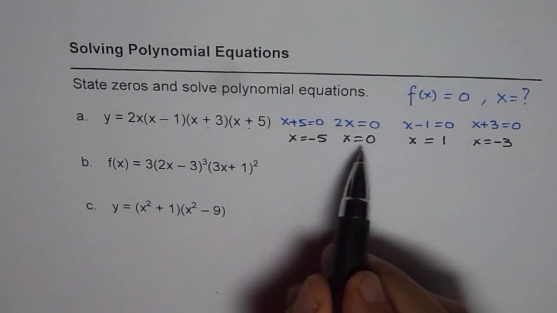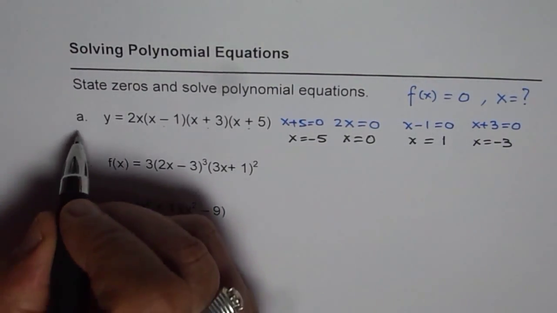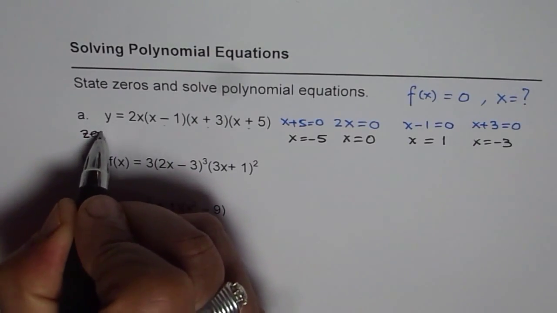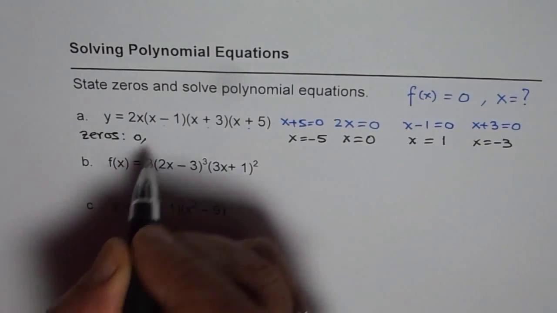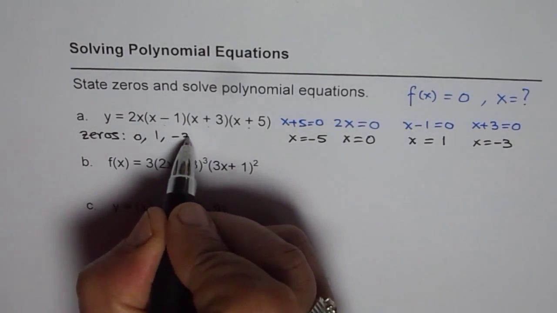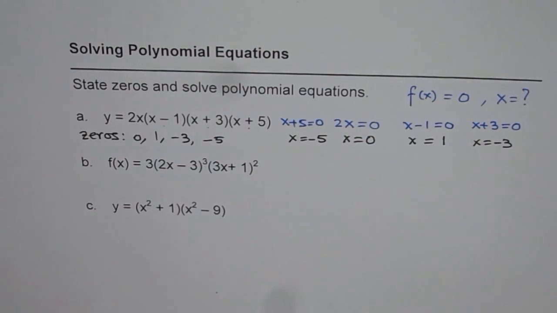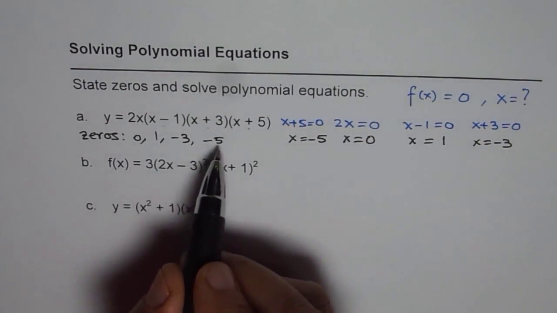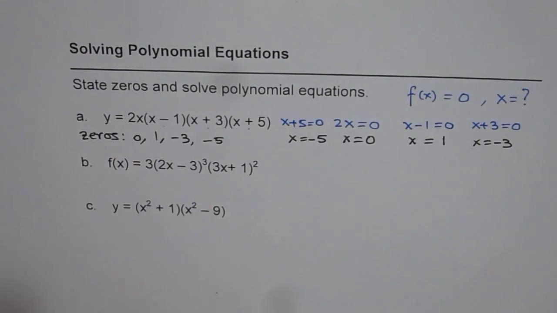So we have 4 zeros here, right? So our zeros are at x equals 0, x equals 1, x equals minus 3, and x equals minus 5. So these are our 4 zeros. And all these 4 zeros are linear in nature.